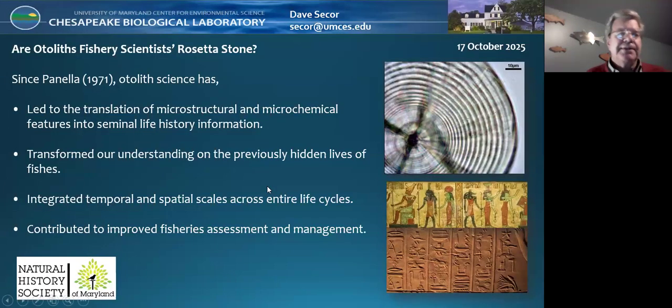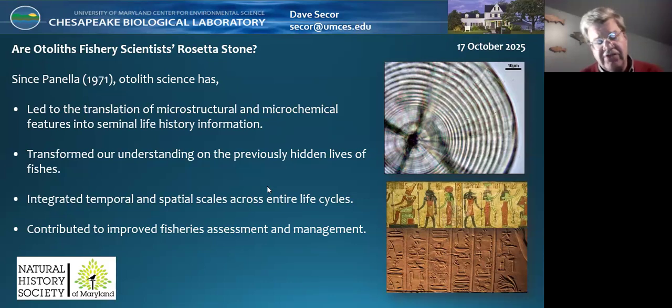All right, wrapping up. Since Pannella, otolith science has led to the translation of microstructural and microchemical features to seminal life history information for the teleosts. This is not so easily applied to things like sharks, sturgeon, and so on. It's transformed our understanding of the previously hidden lives of fishes. We're integrating temporal and spatial scales across the entire life cycle.